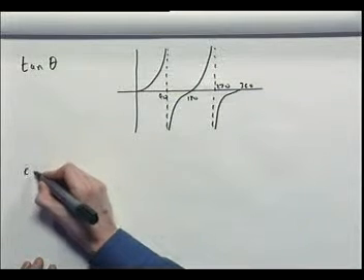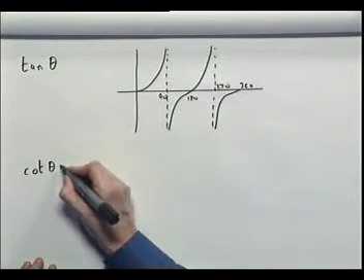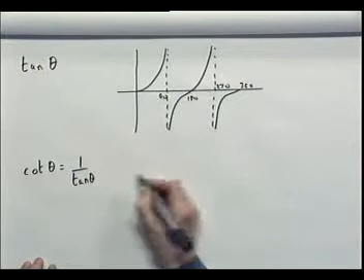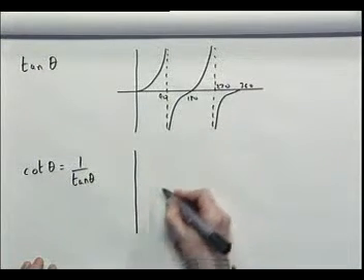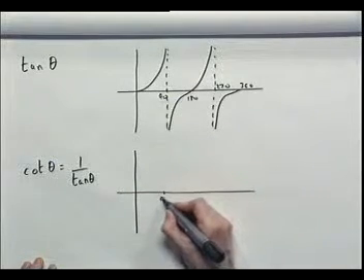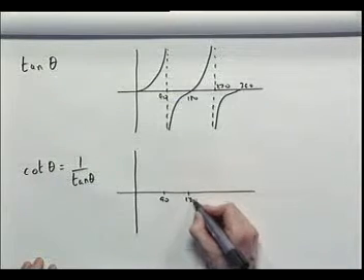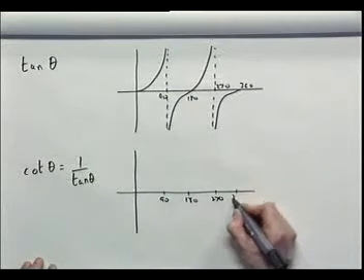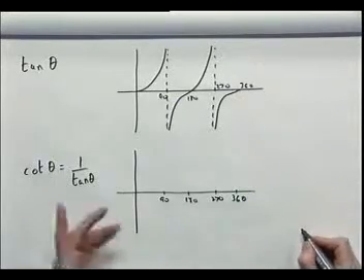And now we'll have a look at cot theta, which is 1 over tan theta. So we'll take the same graph, and I'll do the same as I've done before, mark these off. So we're using the same scale. Okay, let's have a look what's happening here.